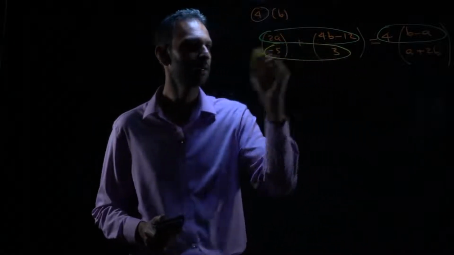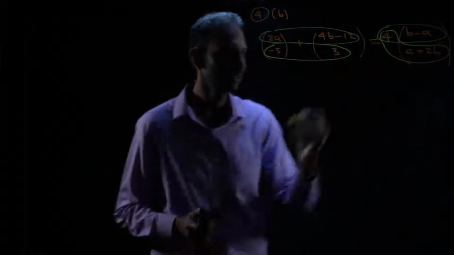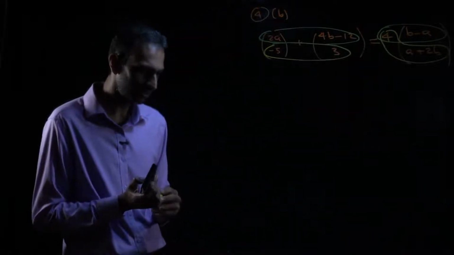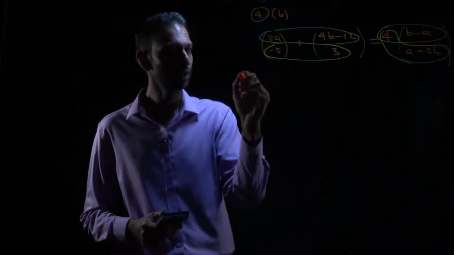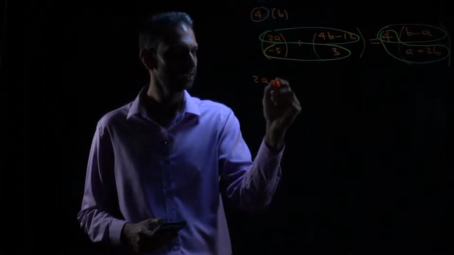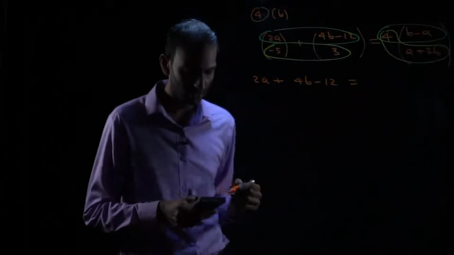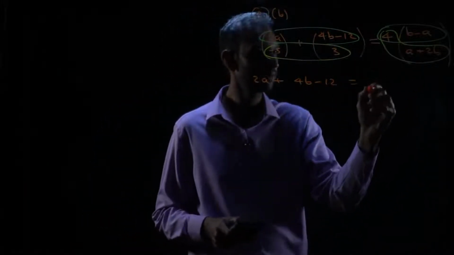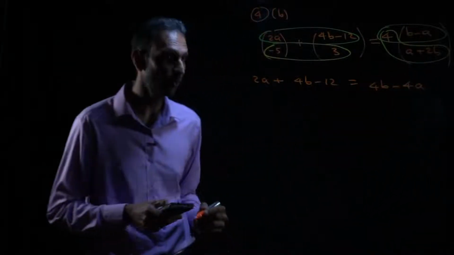It has to be equal to 4 multiplied by the y component. So let's split that and see how to work it. It's a simple question. So 2a for the x component plus 4b minus 12 is equal to 4 multiplied by b, which is 4b, and 4 multiplied by minus a, which is minus 4a.